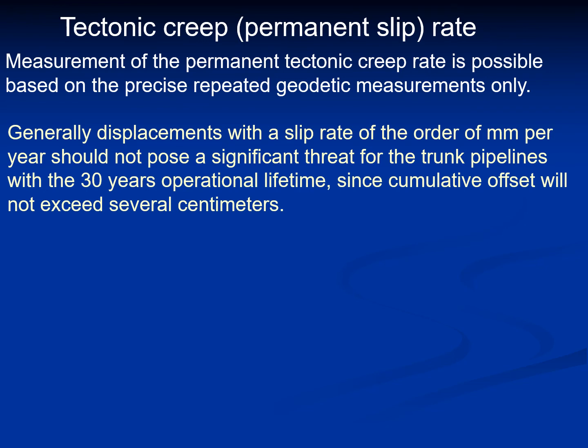Generally, displacements with a slip rate of the order of a millimeter per year should not pose a significant threat for trunk pipelines with, say, a 30-year operational lifetime, since the cumulative offset during this period will not exceed several centimeters. It should not be dangerous for the steel pipeline.